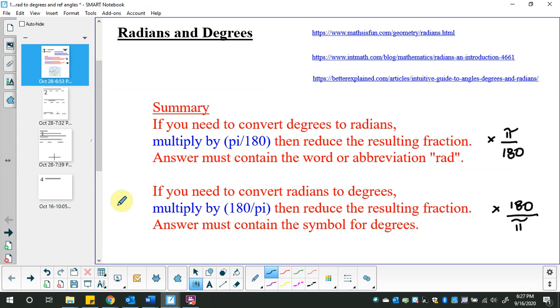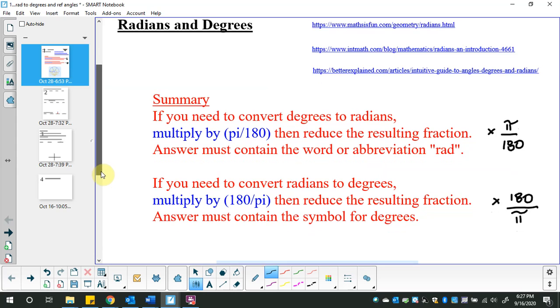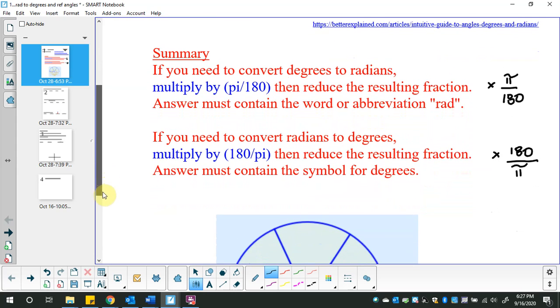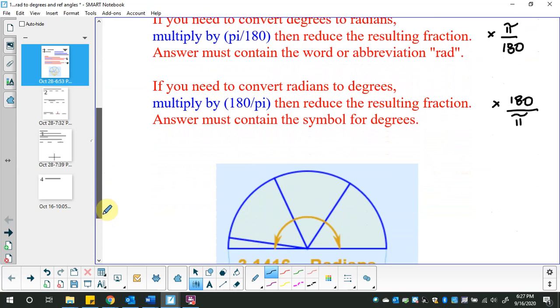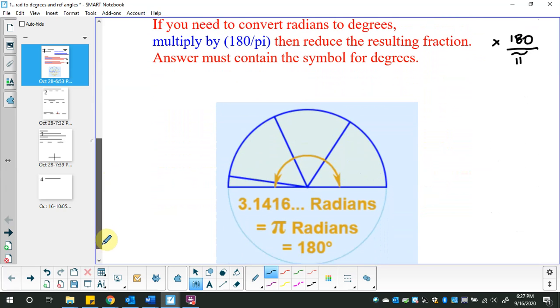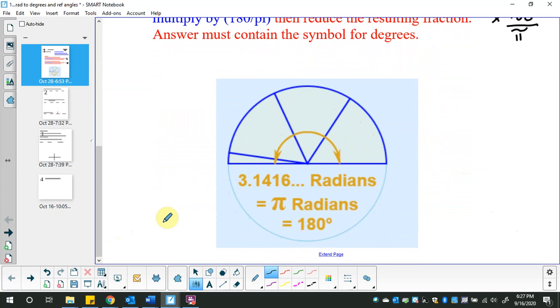So I'm going to show you a picture of what a radian is, because if you haven't had experience with it, it's good to have a little picture of what it is. So basically, and I can use purple, any circle will have a center, and any circle will have a radius.